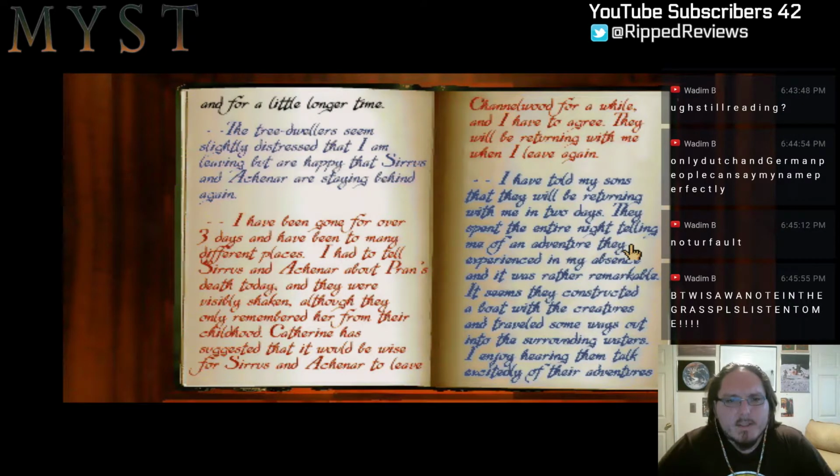The tree dwellers seem slightly distressed that I am leaving, but are happy that Cirrus and Archer are staying behind. I have been gone for over 3 days, and I have been to many different places. I had to tell Cirrus and Archer about Pran's death today.